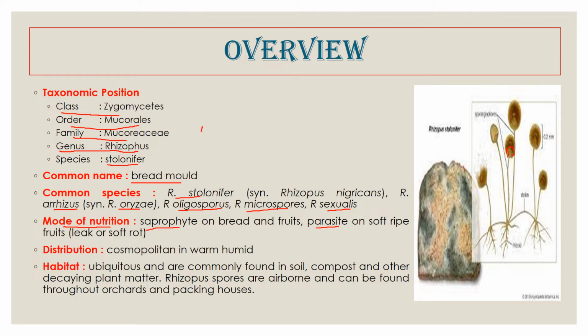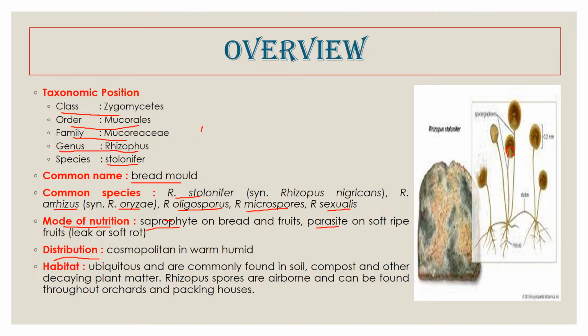In distribution it is cosmopolitan, which means that it is mostly found in the tropical as well as the subtropical regions, not in the polar region. It is found mostly in very warm, humid climates, and its habitat is ubiquitous.